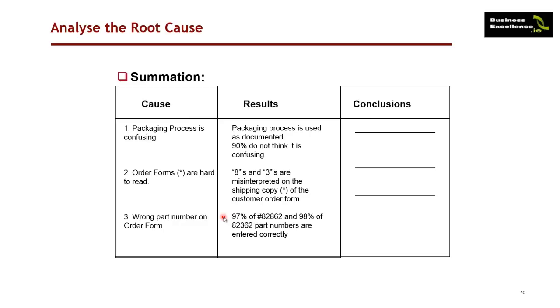So the question would be then, which area would we want to focus on in more detail? Clearly, the area we would need to focus on in more detail is the order form. So why is it difficult to interpret between a 3 and an 8 on the shipping copy in the customer form? Well, clearly the conclusion in that case is the people in the shipping department get the 5th copy of a carbon copy.